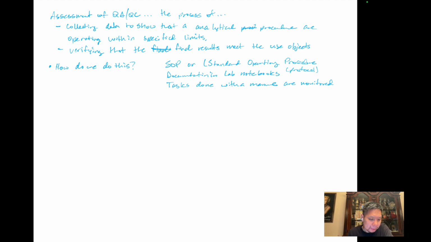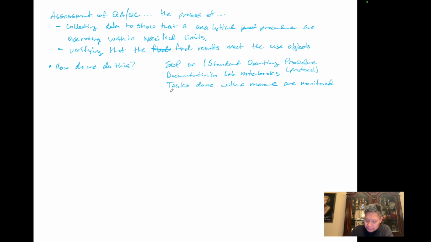What that means is that you can have your procedure written in the laboratory notebook, but say you're working on a protocol that is for a kit. For those of you in my lab, you use those protocols to do the plasma prep kits and the gel extraction kits, right? I tell you to write those protocols into your lab notebooks, but say you're reading them straight from the manual and doing the protocol straight from the manual, then these procedures that are outside the standard operating procedure must be monitored and recorded. So that's what they're talking about there.